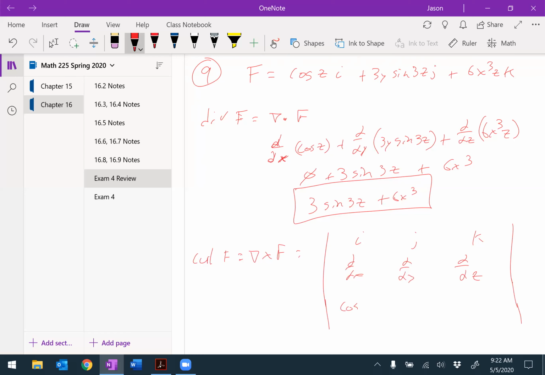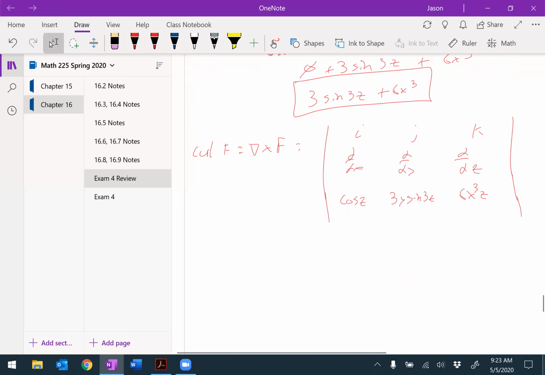This is cosine z, 3y sine 3z, and then 6x cubed z. So let's see what i is going to be here. i is going to be d dy of 6x cubed z, which is going to go to 0, minus d dz of 3y sine 3z. Okay, i.